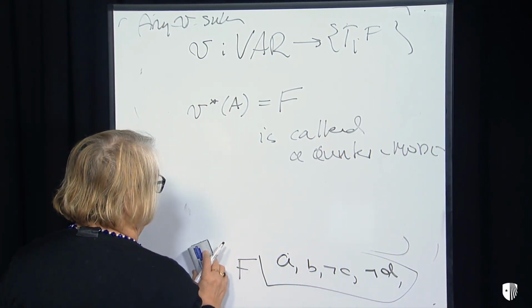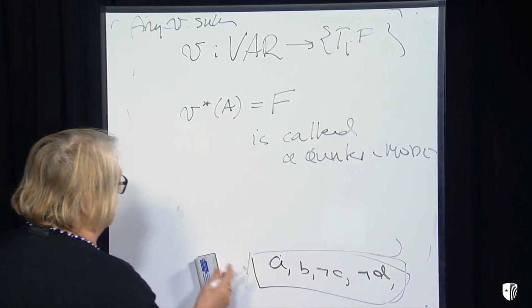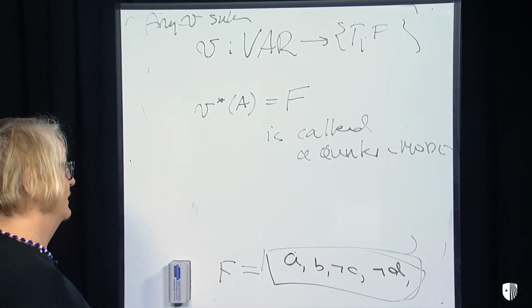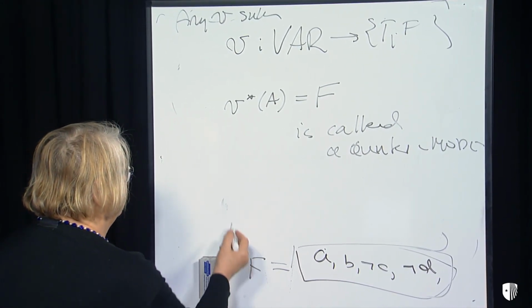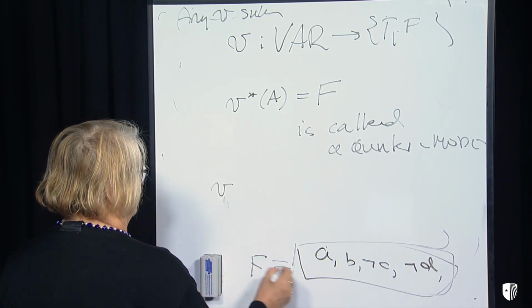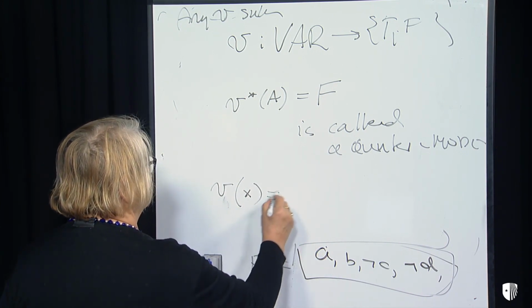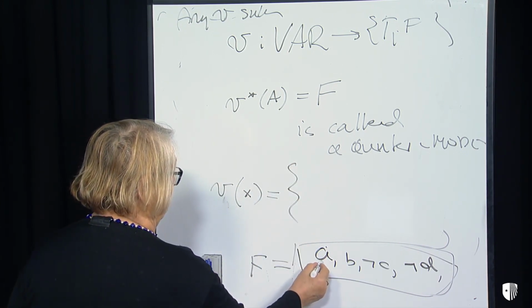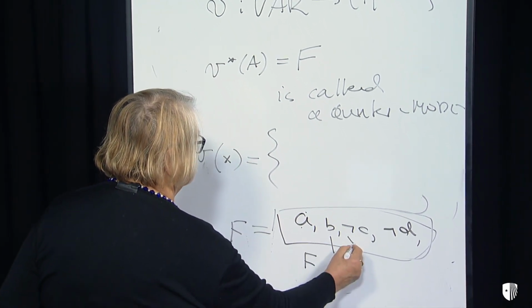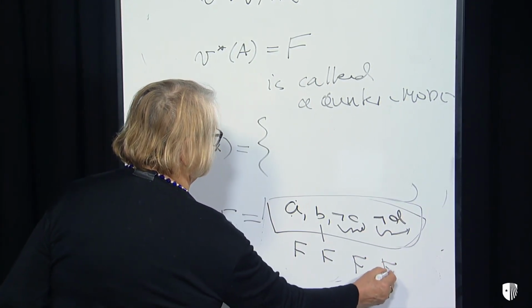So now when you have an axiom leaf like that, I want to put it into F. What does it mean? That you put V on a variable here. On A must be F, on B must be F, not C must be F, and not D must be F, right?